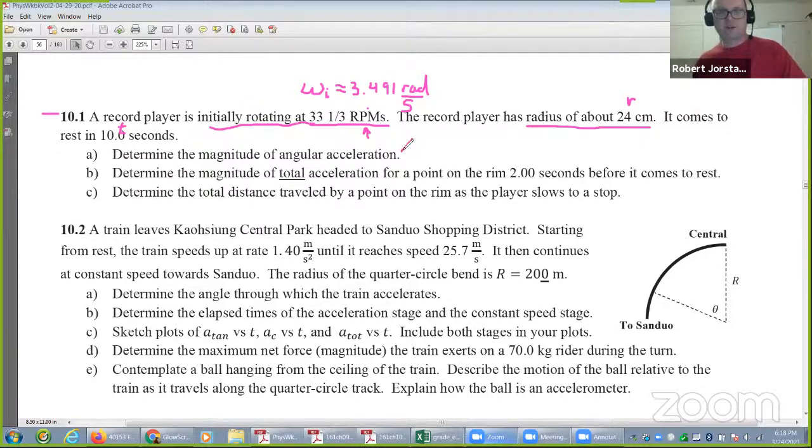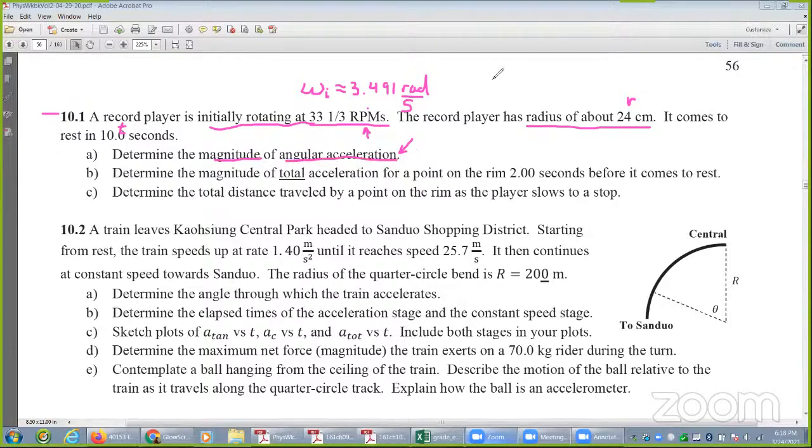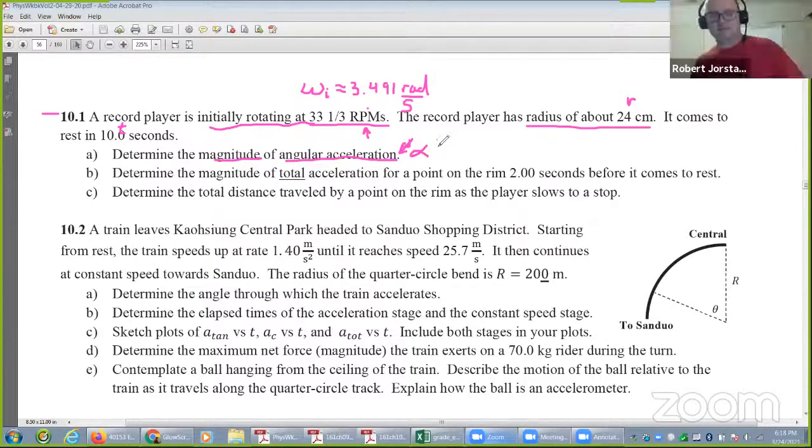What are we supposed to figure out in part A? What variable is that? The alpha? Alpha, and it says magnitude, so we should stick an absolute value on it.